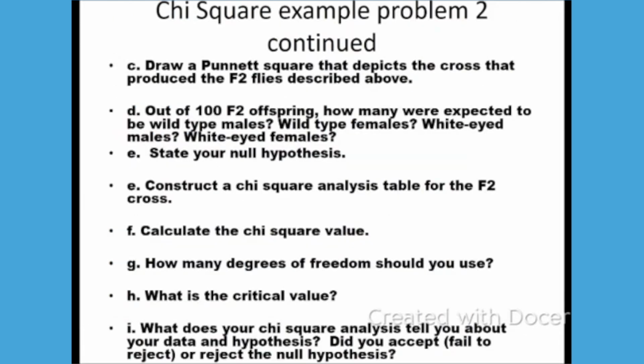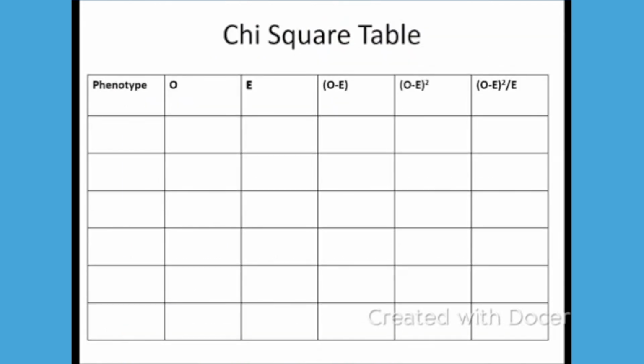So let's look back at the rest of the questions and make sure that we clearly stated everything. For a problem like this one, our null hypothesis would simply be that our observed number of flies is not statistically different from our expected number of flies in each category. We constructed the chi-square analysis table. We got a chi-square value of 0.24.